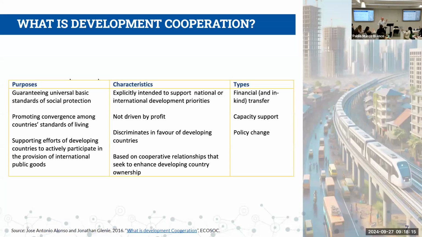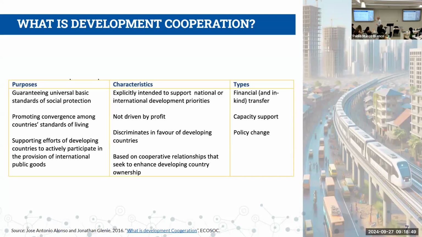If you remember, we talked about it in the previous session, where we discussed these common challenges of mankind, where despite the geopolitical situation, all countries acknowledge that they need to work together to solve climate change, financial stability, and eventually the challenges of artificial intelligence. So international development cooperation normally focuses on these three main purposes.